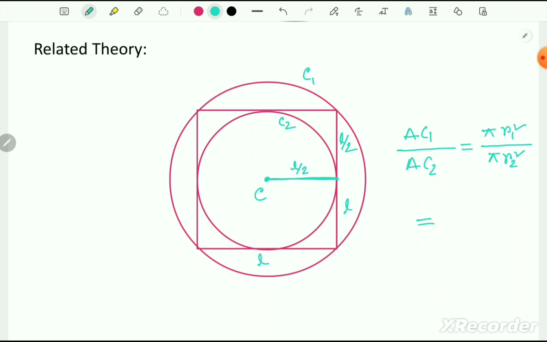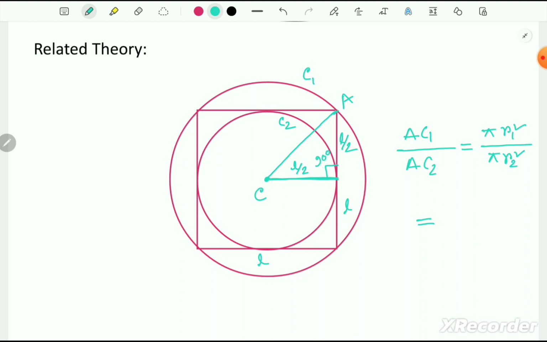In that case we can simply connect C and this corner, let's say it's A. But in this problem we do not know AC. In that case we have to find out the AC. It's very simple. We know this is 90 degree angle.